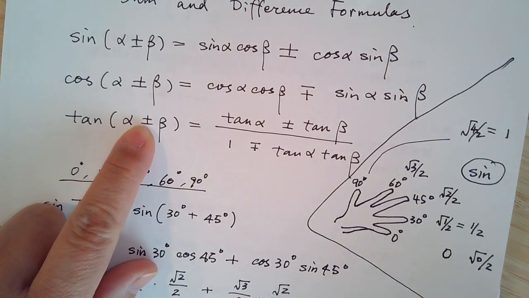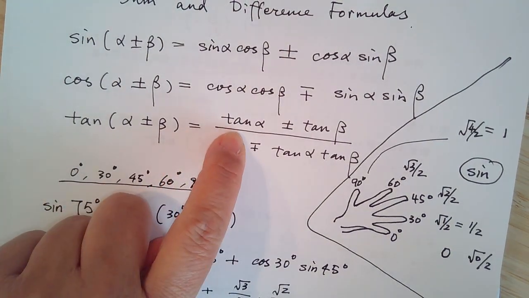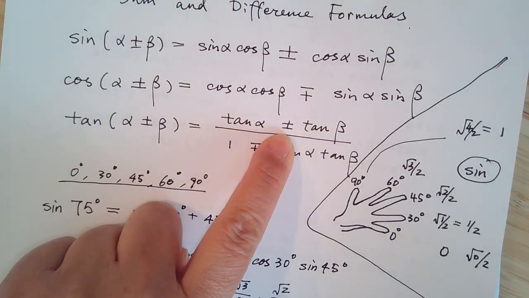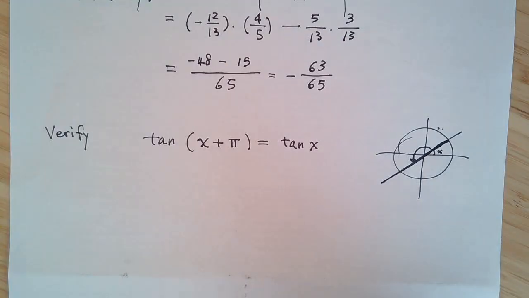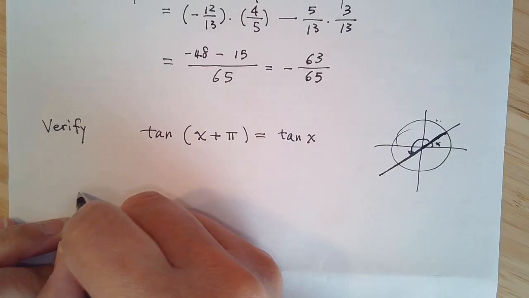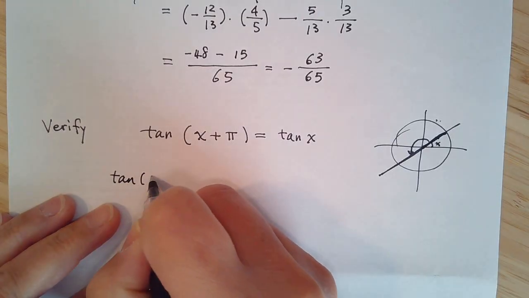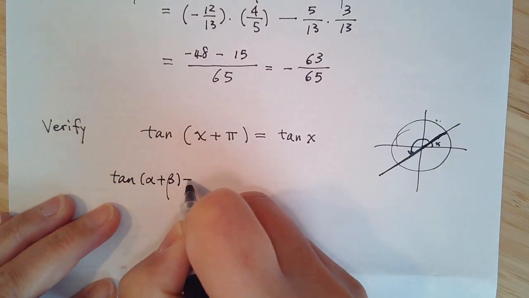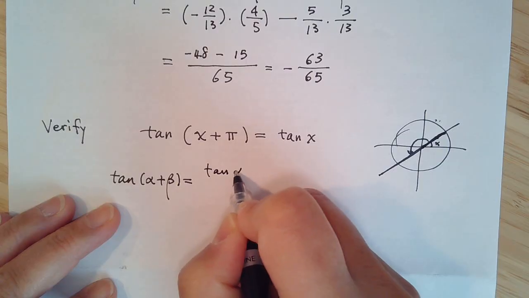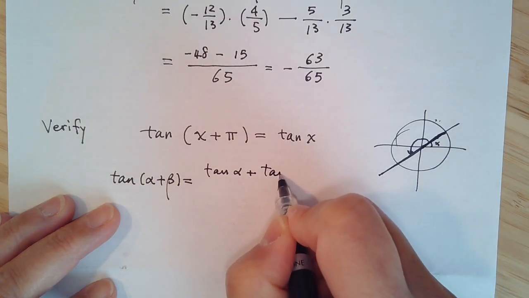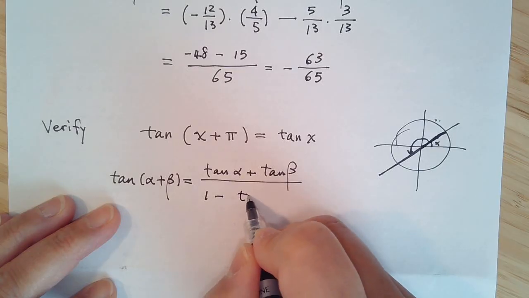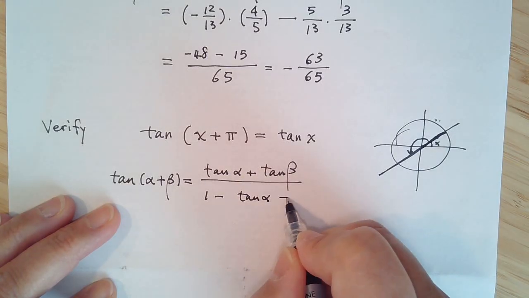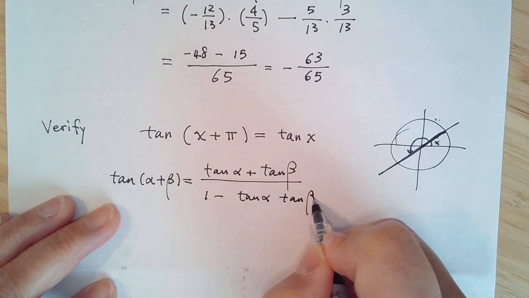Tangent of alpha plus beta is tangent alpha plus tangent beta, over 1 minus tangent alpha times tangent beta.